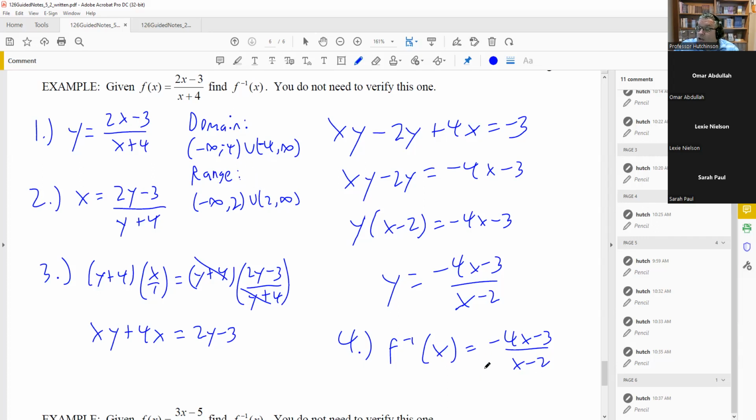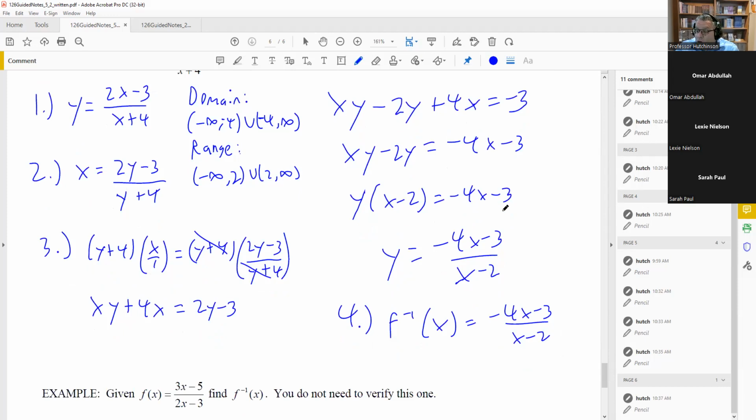We can automatically find the domain and range of the inverse now that we know what this is. The domain of the original one is going to be the range of the inverse. The range of the original one is going to become the domain of the inverse, and that's how you do that. So if you just find the domain and range of the original one, then we don't have to go through all those steps for finding that for the inverse.